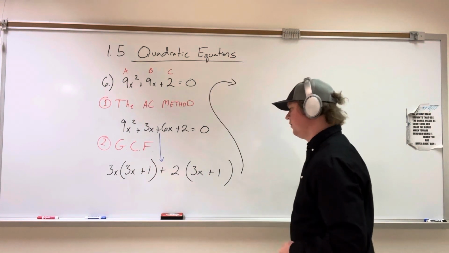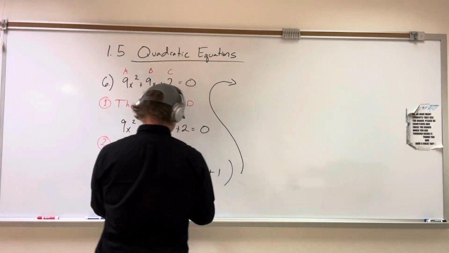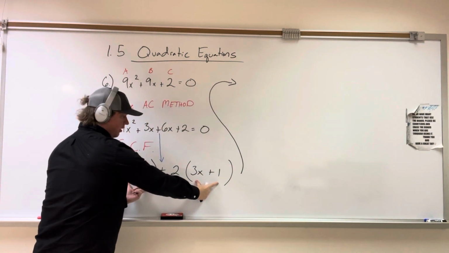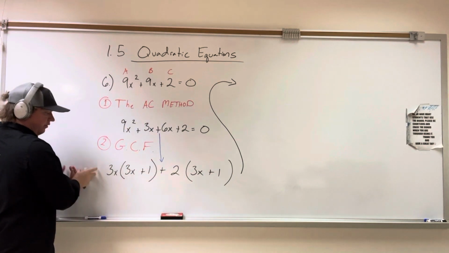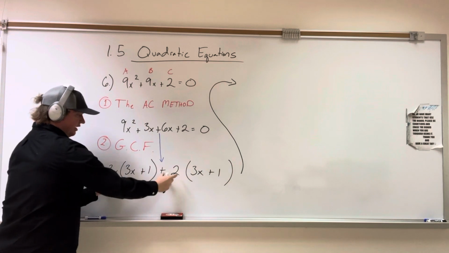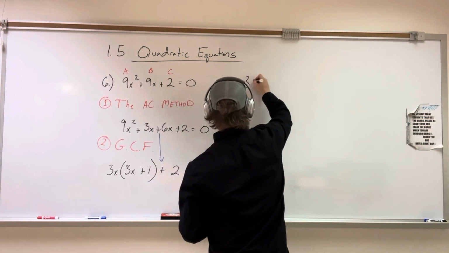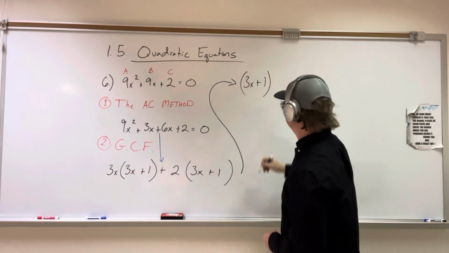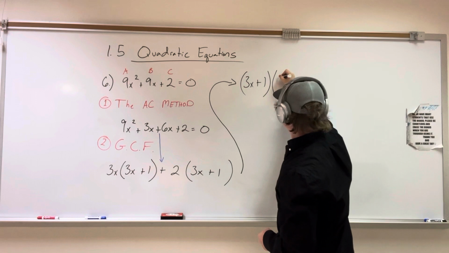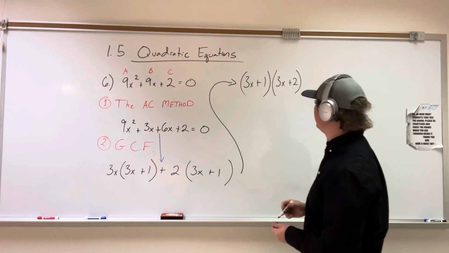Moving over here. Now, of course, this term right here becomes a factor of the whole thing. So if we pull this guy out, it leaves those two guys. If I pull out 3x plus 1, 3x plus 2 is what's left.